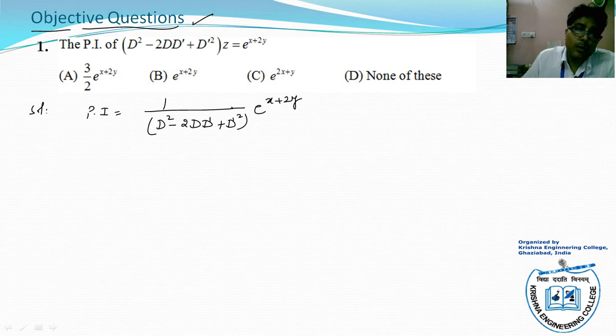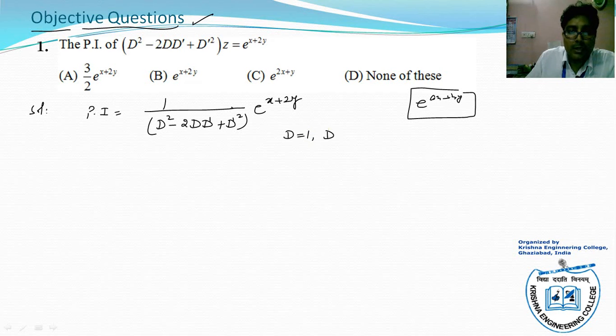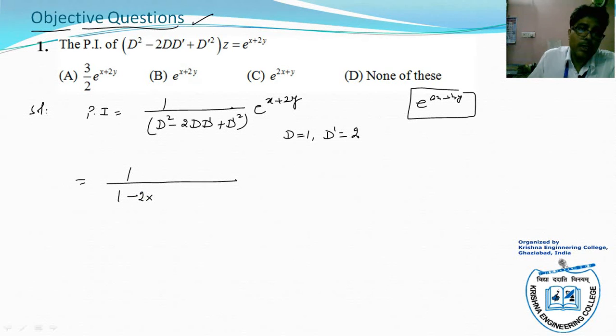This is the form of e to the power ax plus by. So by using the short method, replace D by a, here a is 1 and D dash is equal to 2. So we get 1 upon 1 minus 2 into 2 plus 4, e to the power x plus 2y.